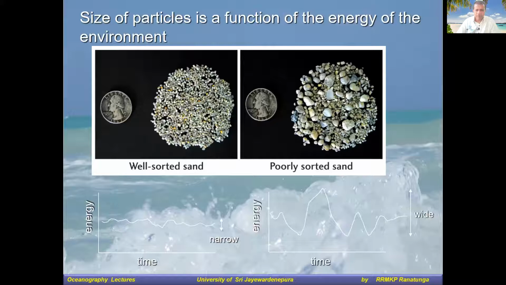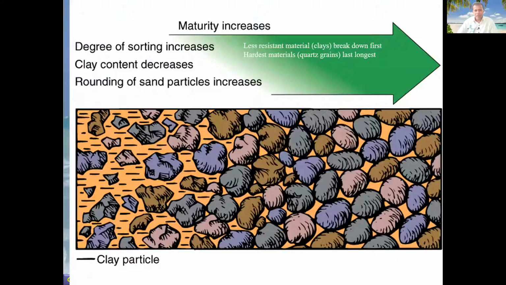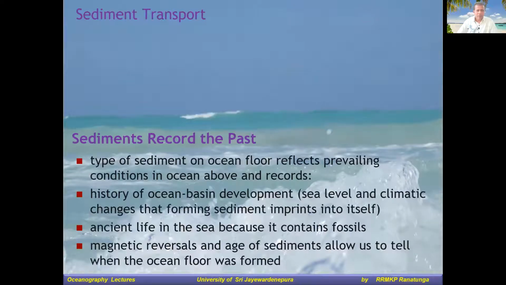So next time you visit a beach, look at the size of the sediments in different places. You will notice they differ from place to place. That can be an indication of how strong the waves can be. Keep that in mind and observe it next time.